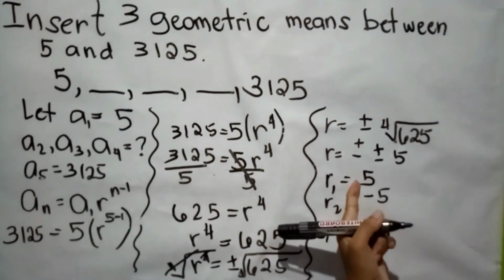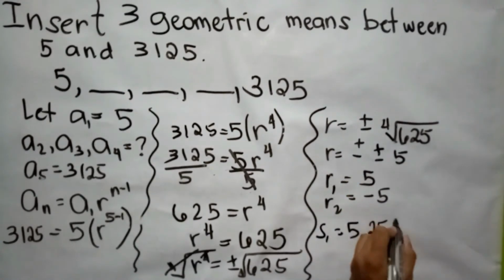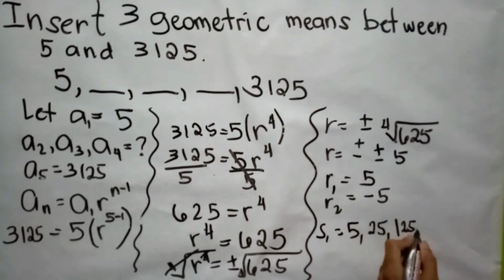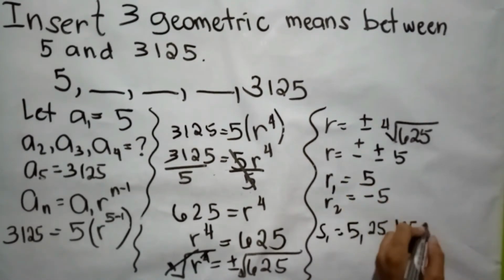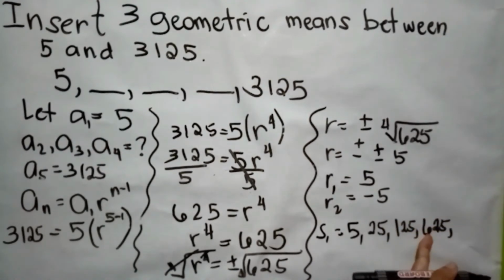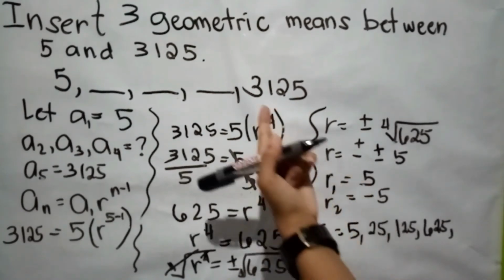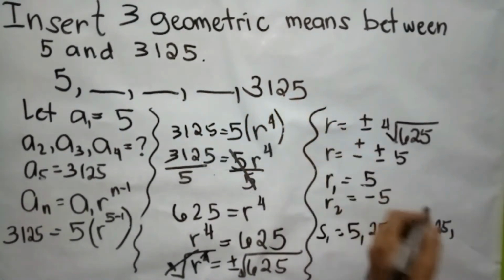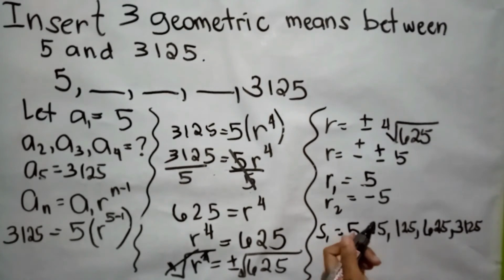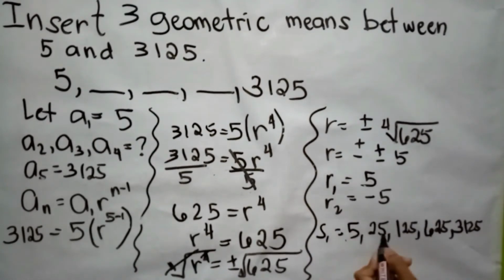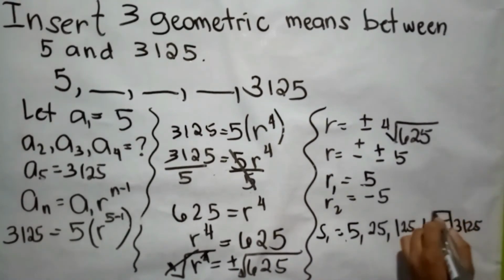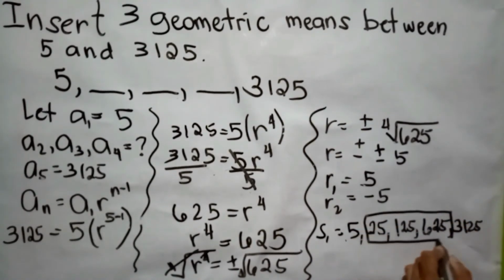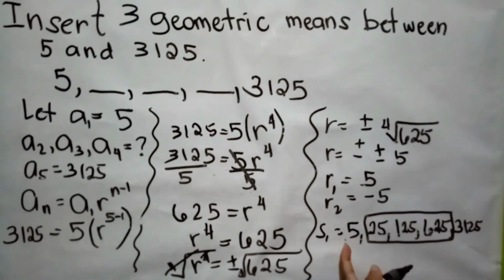Then 25 times 5, so we have 125. 125 times 5, 625. Then the last number, 625 times 5, and that is 3,125. So this is the given 5, the first term, and the last term. These are the geometric means when the common ratio is equal to positive 5.